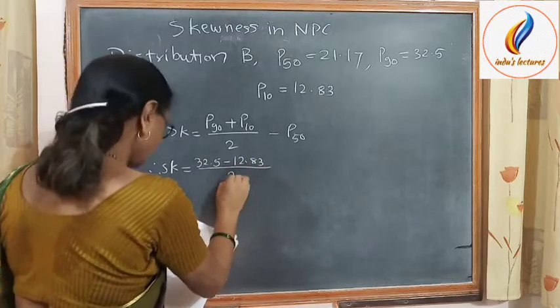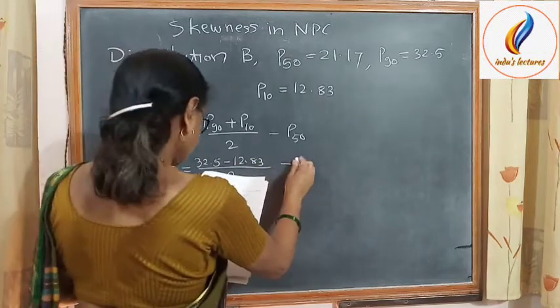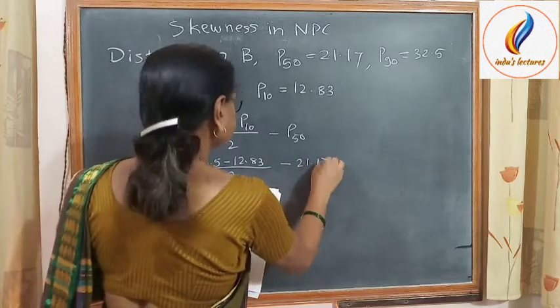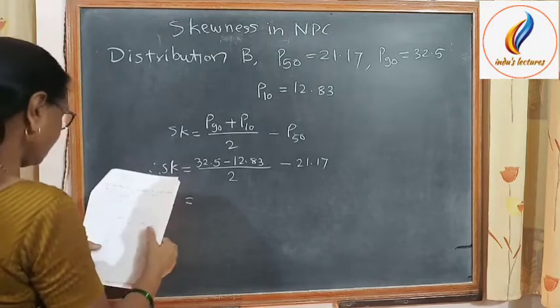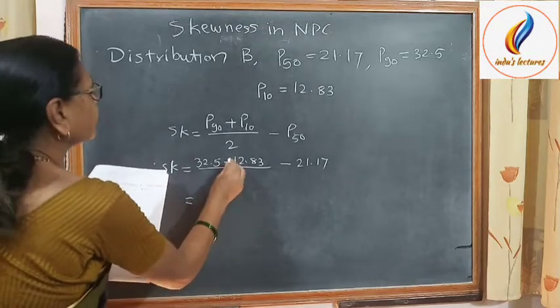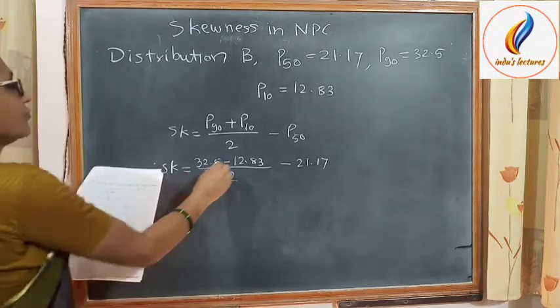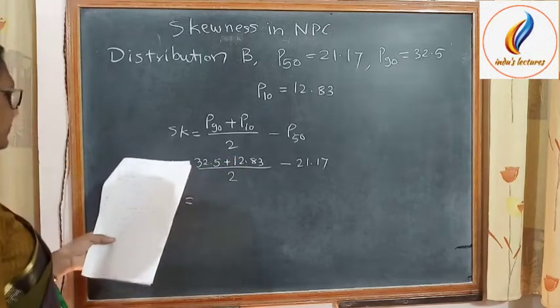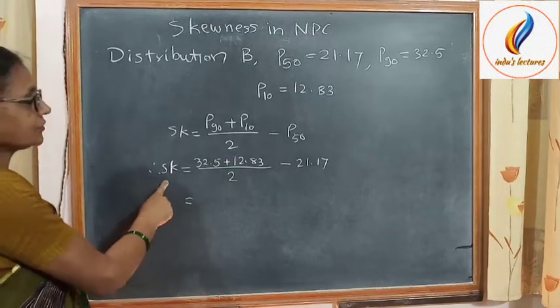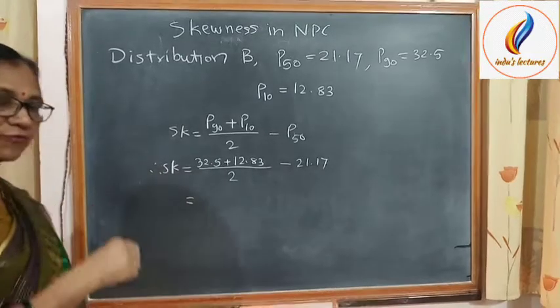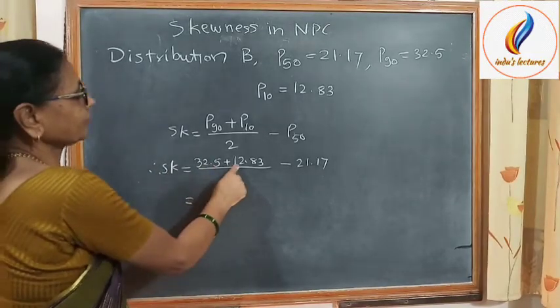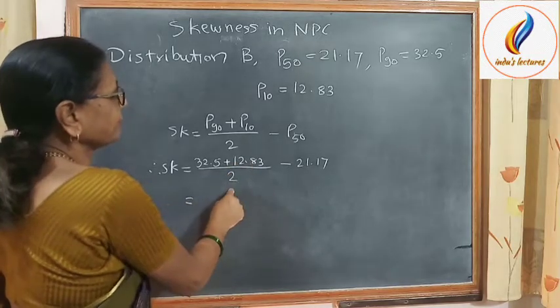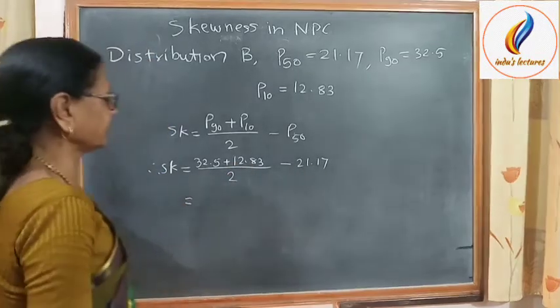Putting the values in formula we get Sk is equal to (32.5 plus 12.83) divided by 2 minus 21.17.